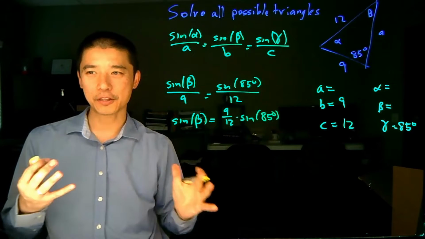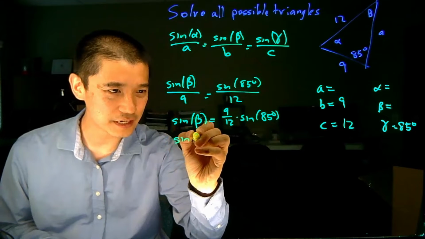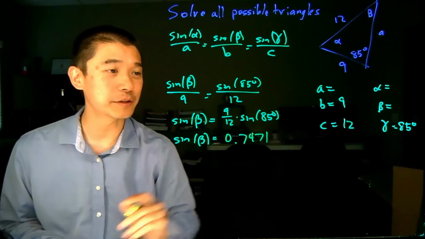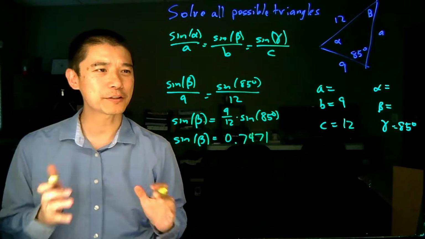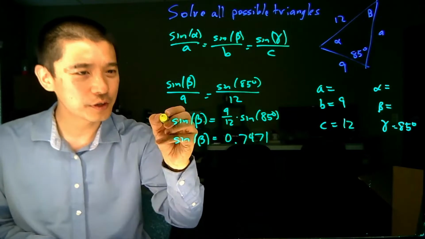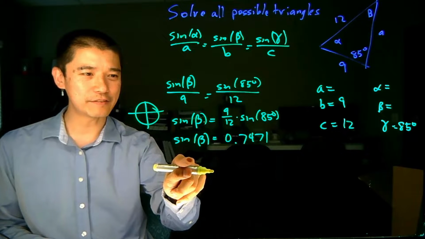At this point, there's nothing to do except dump this into a calculator and get a number out of it. So sine of beta is equal to 0.7471. Now here's where our past experiences need to kick in. Sine of an angle equals a number. We've done this before. If I were to draw a unit circle diagram, remember that the sine value is the y-coordinate.